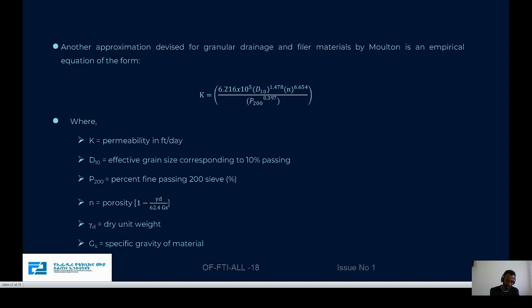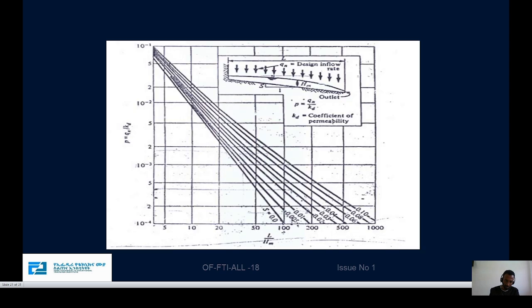So we get the value of the permeability by using these flow charts.